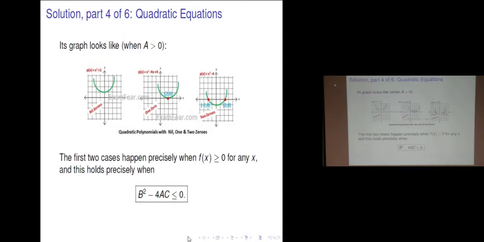In the last case, we don't want it, because for some x the value of the polynomial is less than 0. So the first two cases, where f of x is always bigger than or equal to 0, only happen when this, which we call the discriminant, b squared minus 4ac, is less than or equal to 0.